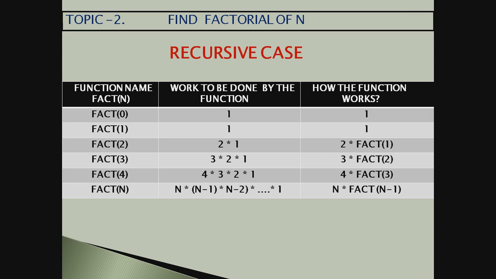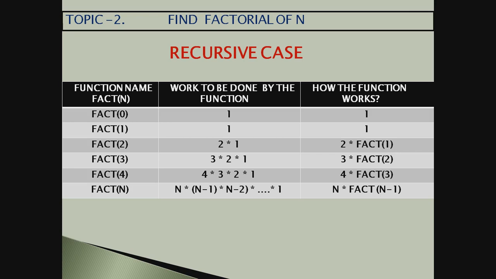Now in this way we all know that fact 3 is going to call fact 2, fact 2 is going to call fact 1, and then fact 1 is going to give the answer first, then fact 2 is going to give the answer to fact 3. So you all know how fact 3 would work. Fact 3, when called, is going to call fact 2.